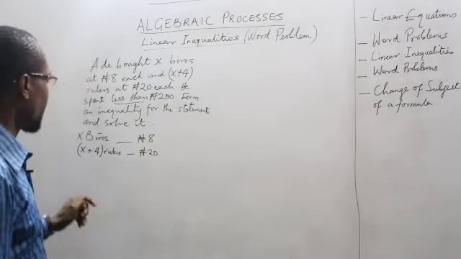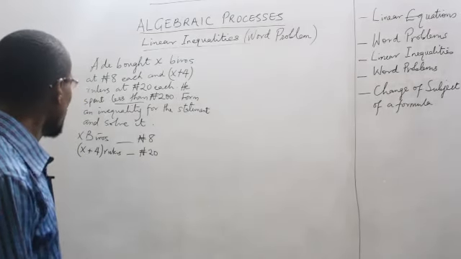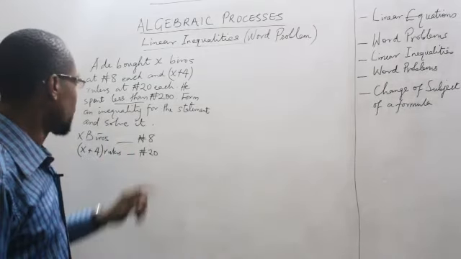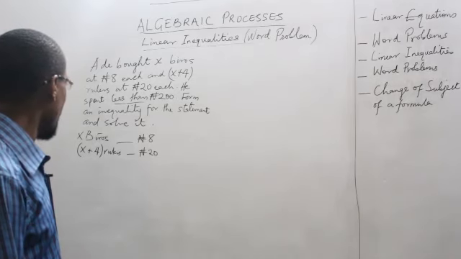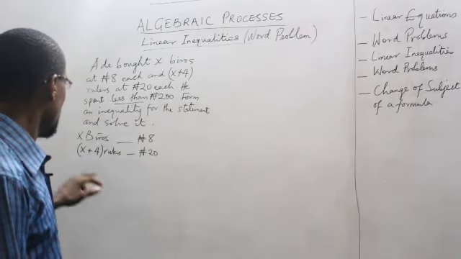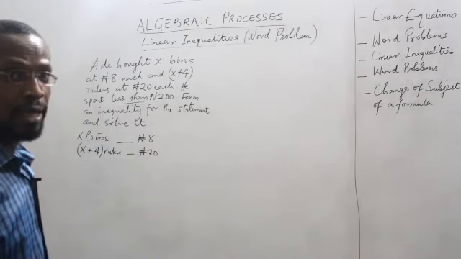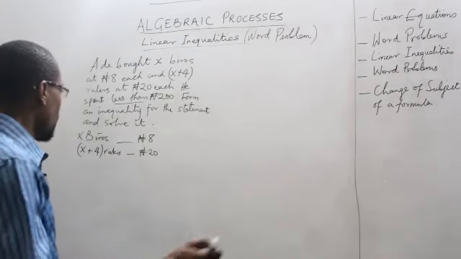That is to say that by the time we add x times 8 for the biros, and also add it to x plus 4 times 20 for the rulers, everything will be less than 200.